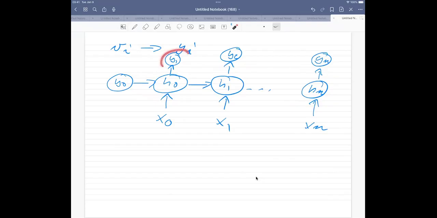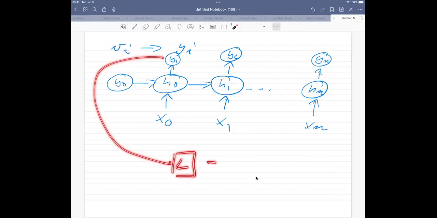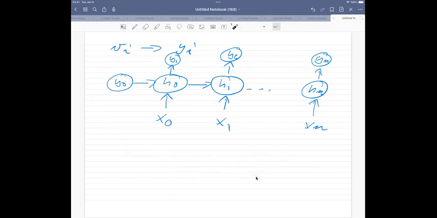In every step here, we compare this output to the sine value. So this variable here is going to be input into a loss function, and that loss function is going to have some y observed here, which it is compared with. So after the break, we're going to set up the final model with the parameters which we need to train.